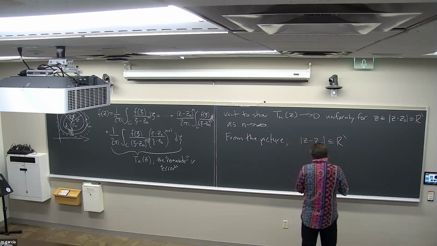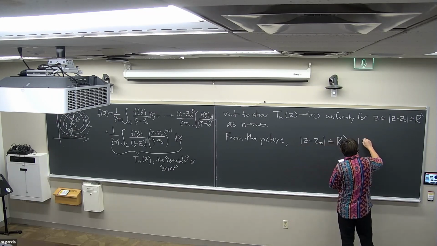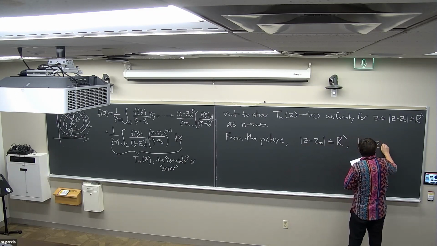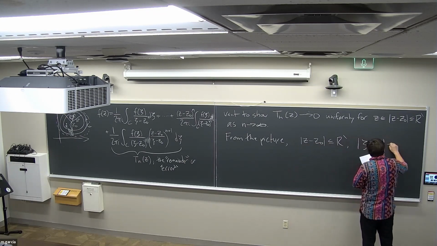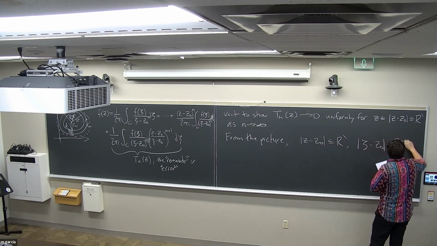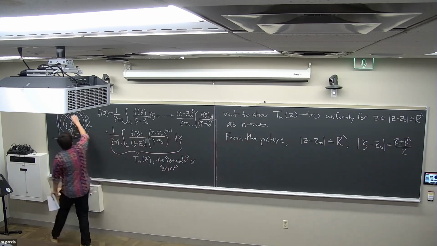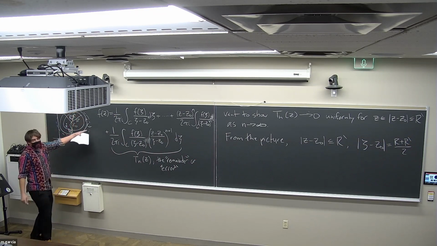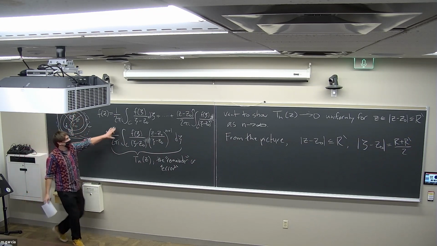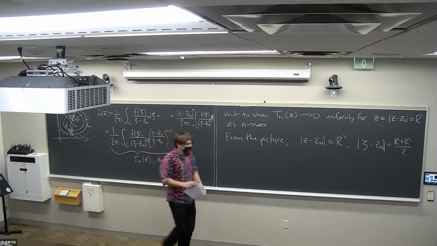Furthermore, the modulus of zeta minus z naught is equal to r plus r prime divided by 2. That is to say, zeta is some point on our contour C. That's what allows us to define these integrals. We're taking zeta to be on the contour.